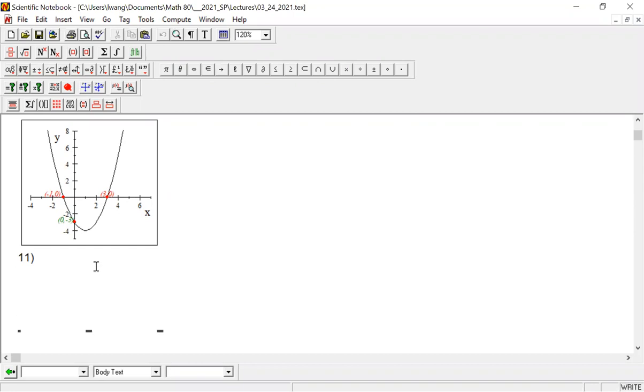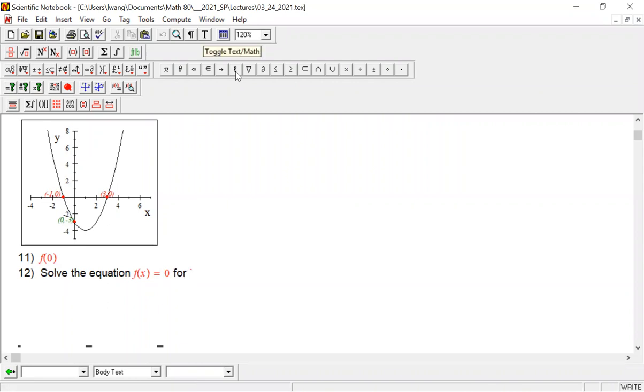Okay, so now number 11. Number 11, we're going to evaluate f of 0. And number 12, it says solve the equation f of x equals 0 for x.